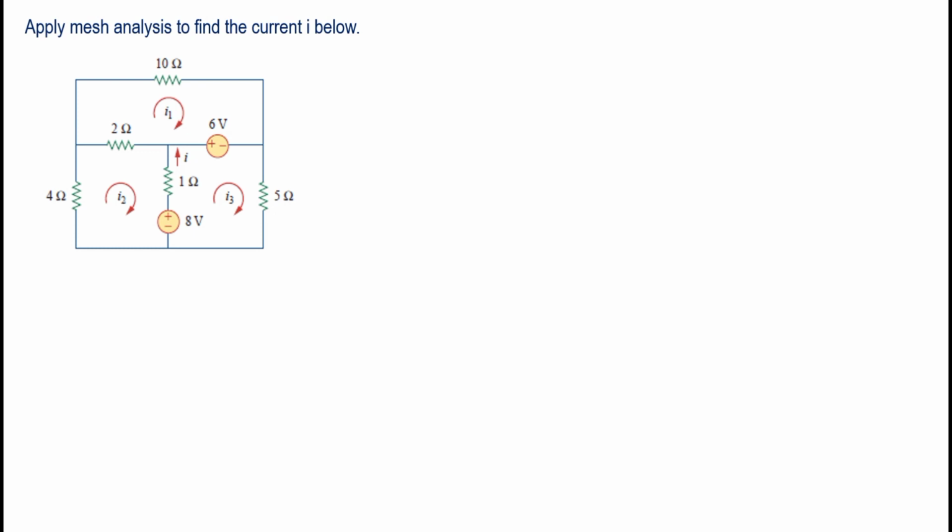Now, if you want to solve mesh analysis using the shortcut method, again using inspection, I will show it to you here. So let's consider mesh current I1. Let's write I1 here and then look for all resistors that are in the loop. We have 2 and 10, so this is 2 plus 10.